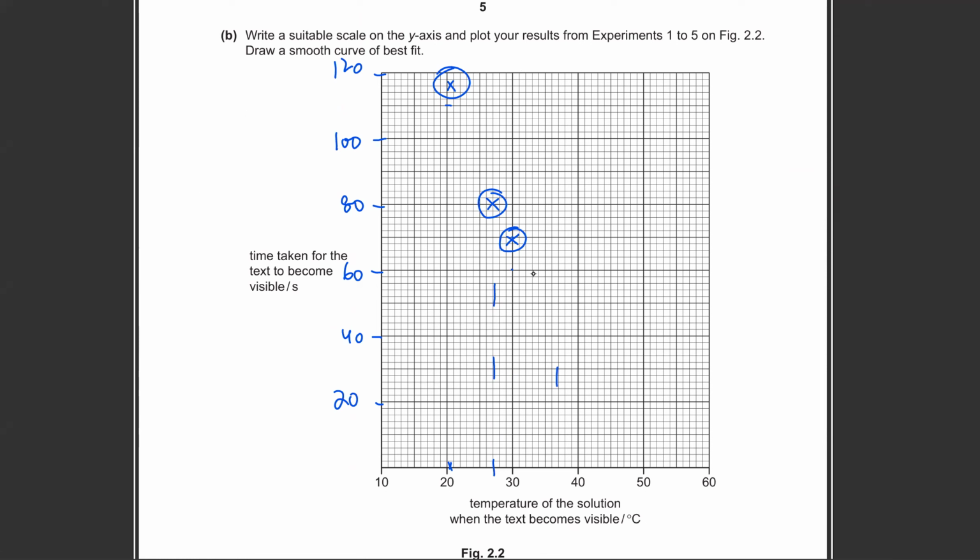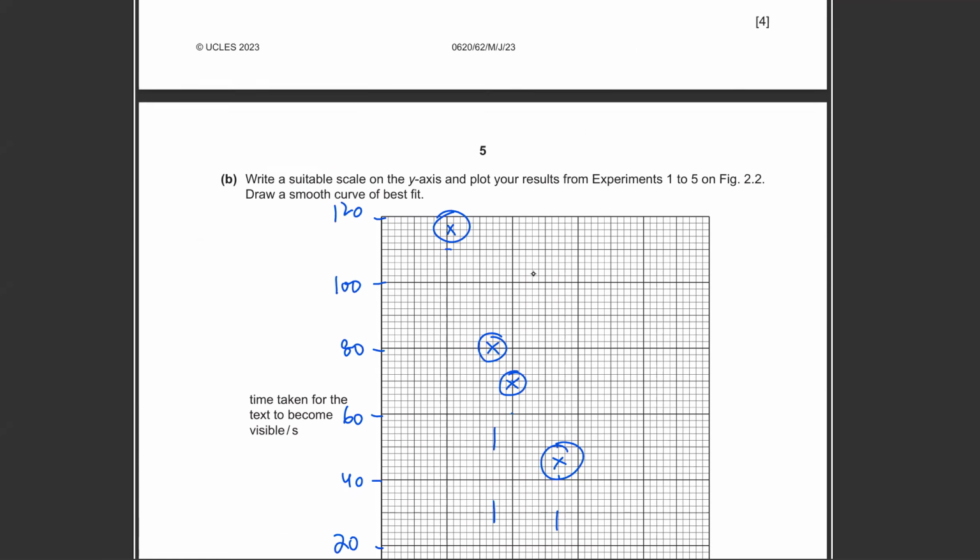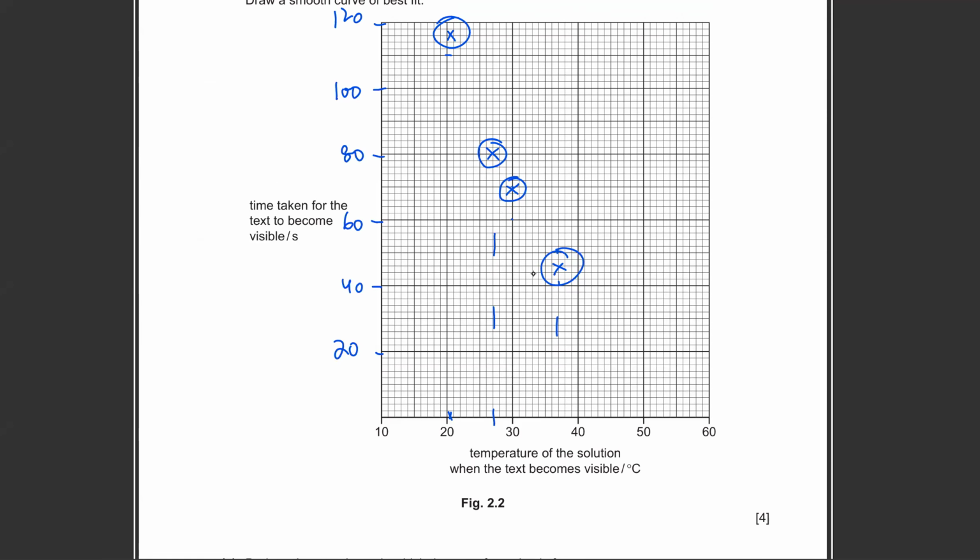So 46, this is 40, this is 50, 46 would be. Or कौन सा रह गया? That's 46.5 and 21. 46.5 and 21. Is that clear? Yes.